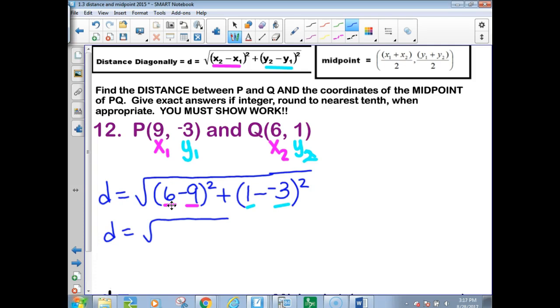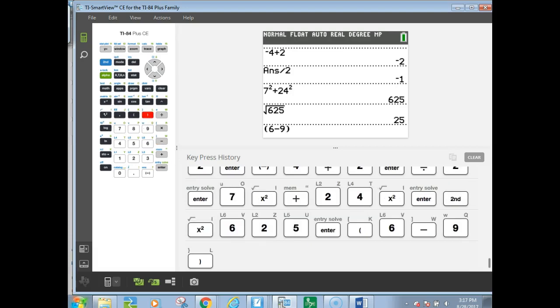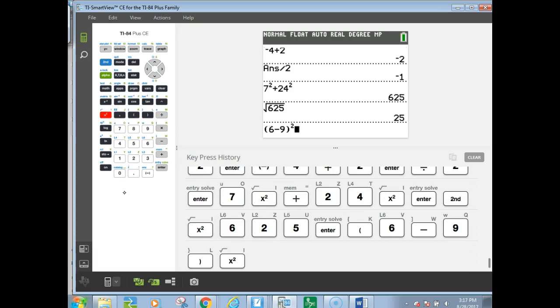So I'd like you to do just the stuff underneath first, and I'm going to do each step separately. I'm going to hit parenthesis, they're right here in the middle. 6 minus 9. I'm going to type it just like it looks on my paper, parenthesis, and then I'm going to type the squared button. That's what it should look like.